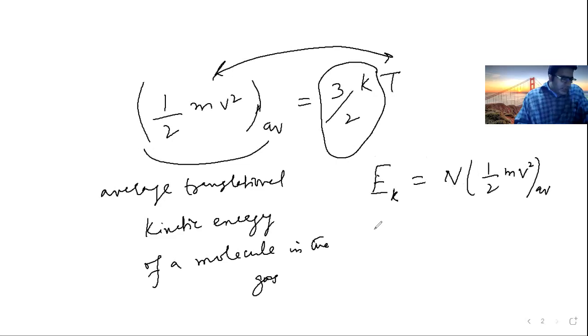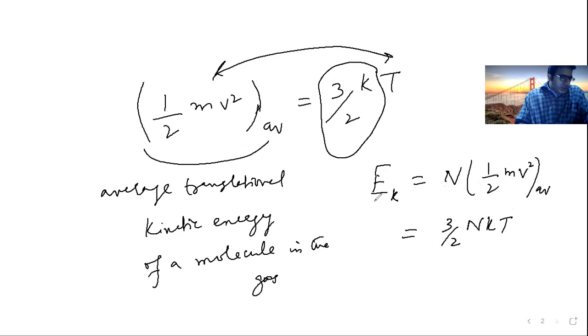So this EK is simply the total translational kinetic energy of capital N number of molecules of the gas, and I can write it as 3 by 2 NkT, because 3 by 2 kT is the average translational kinetic energy of one molecule.